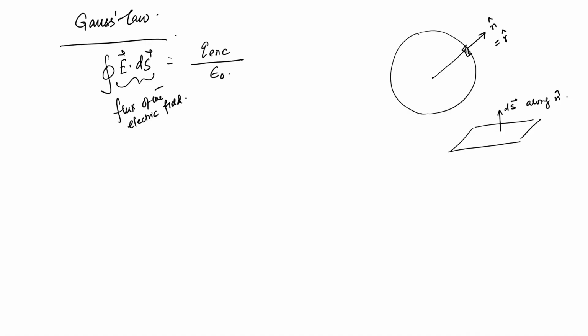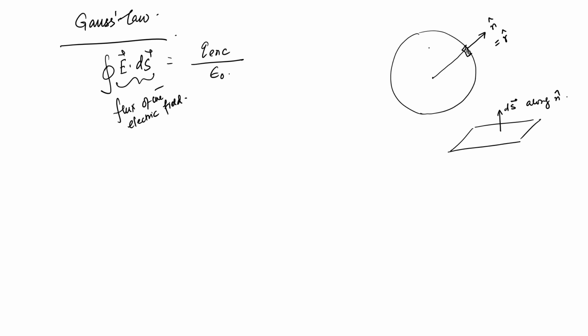If somehow these two directions are orthogonal, then of course there is no flux of the field in that direction, but at least in this problem with spherical symmetry, the r and the n cap are in the same direction, and the dot product will just behave like a scalar quantity.